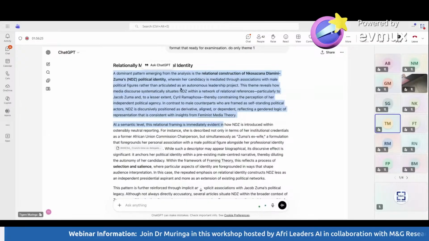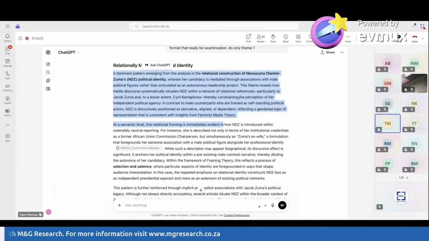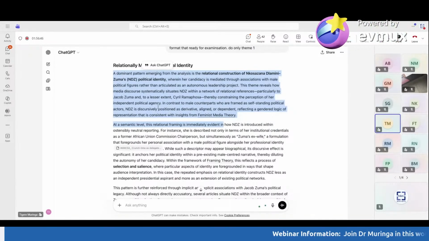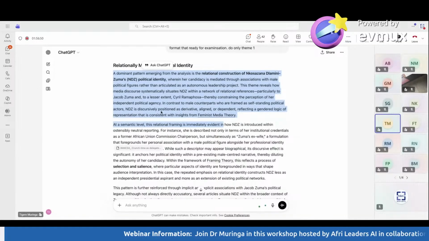This theme reviews how media discourse systematically situates NDZ within a network of relational references, particularly Jacob Zuma, and to an extent Cyril Ramaphosa, thereby constraining the perception of an independent political agent, in contrast to male counterparts who are framed as self-standing political actors. NDZ is discursively positioned as derivative, aligned or dependent, reflecting a gender logic of representation that is consistent with insights from feminist media theory.